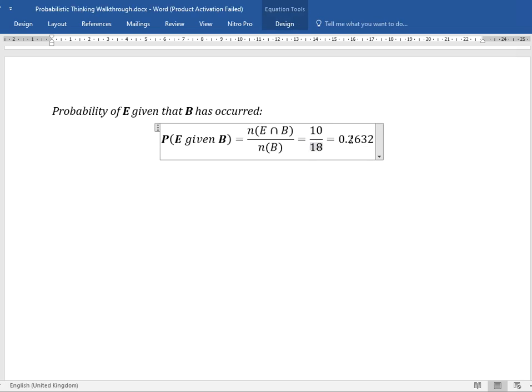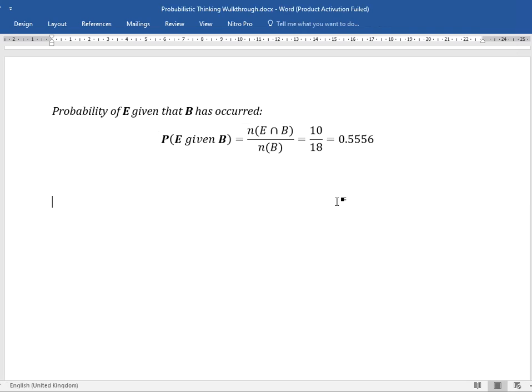If we compute this, it's going to give us, let's look at it, 10 divided by 18. So that's 0.555. It's a recurring decimal, so we just approximate to 0.5556 to the nearest 4 decimal places.